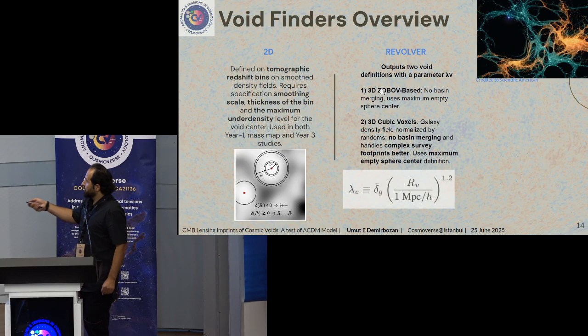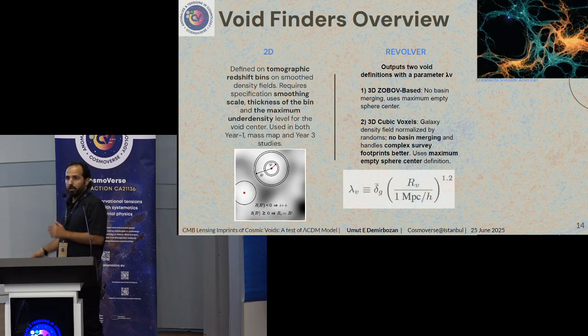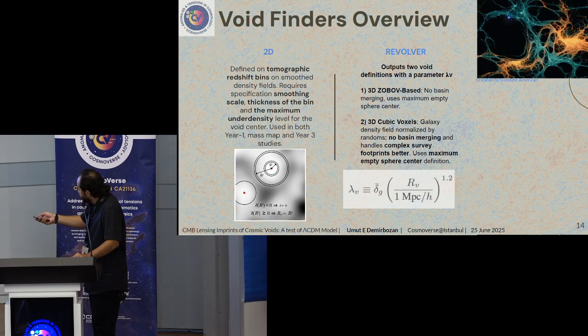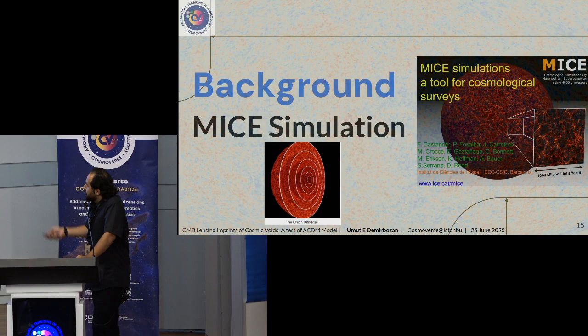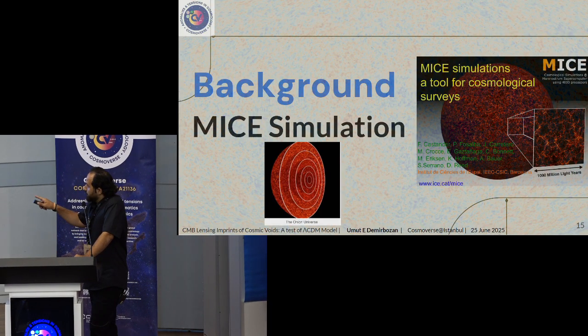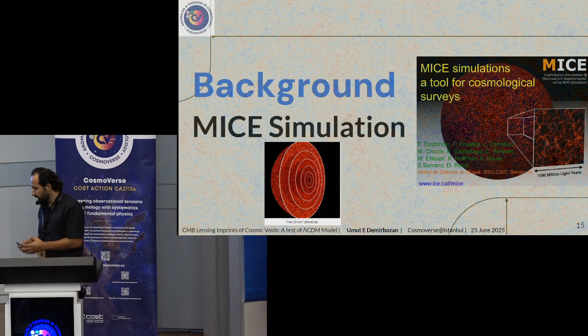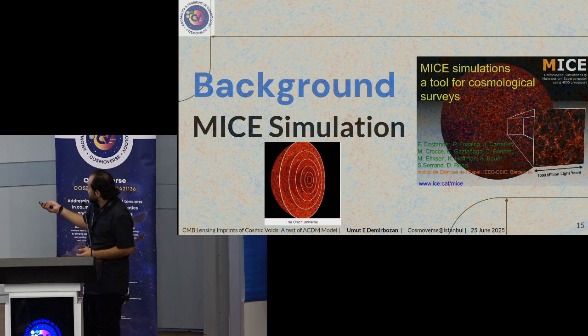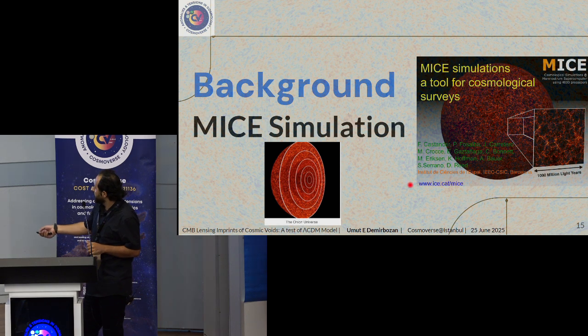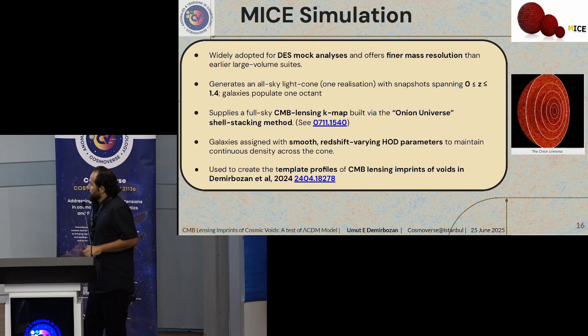So in my study, we use these voxel voids in addition to 2D voids, and I'm going to now focus on the details of my study. Before that, let me explain the simulation that we use to calibrate our filtering and have the lambda CDM expectation. This has also been used in many DES studies. It is from the Barcelona people at ICE. Some speakers already mentioned this simulation quite a lot.